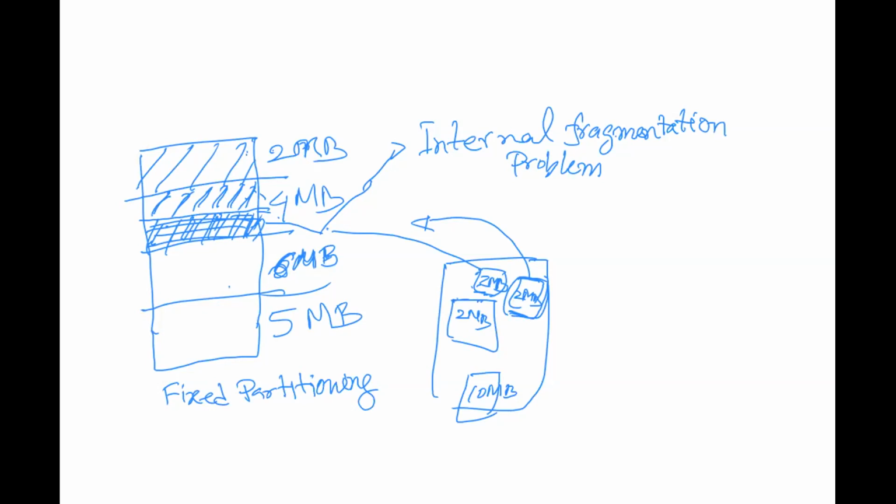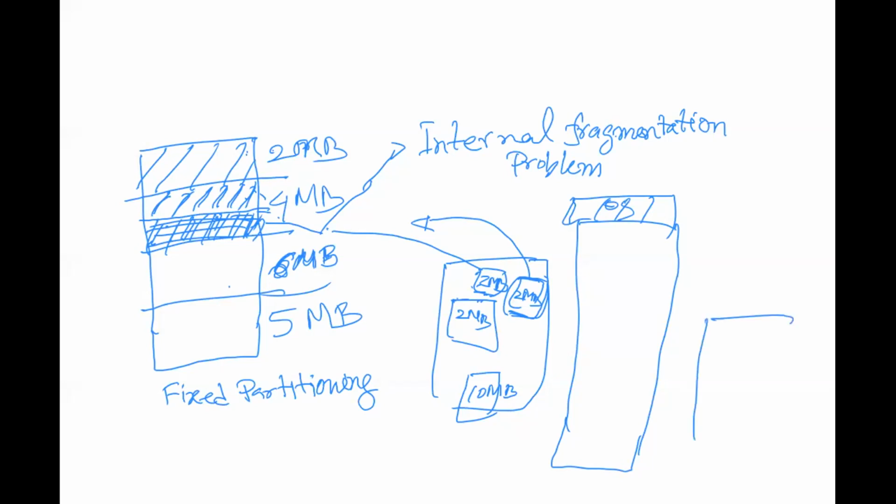We have a little bit of time, so let's talk a little about variable partitioning. So what is variable partitioning? When you open the computer, let's say your RAM is free. Of course, there is OS space, and the OS is in here. When you create a process, let's say 2 MB, it is just accommodated here.